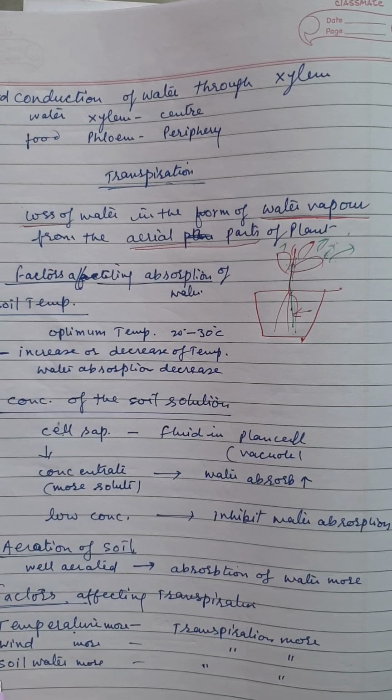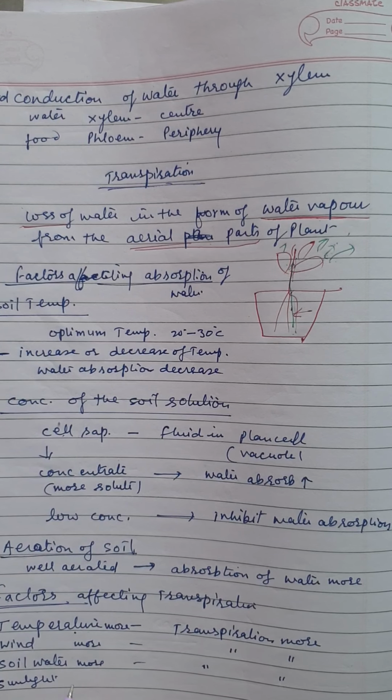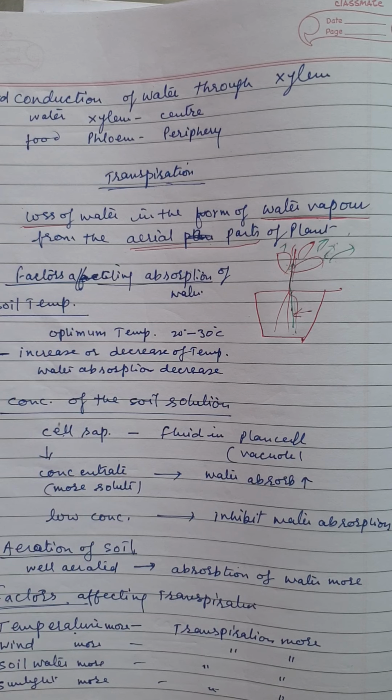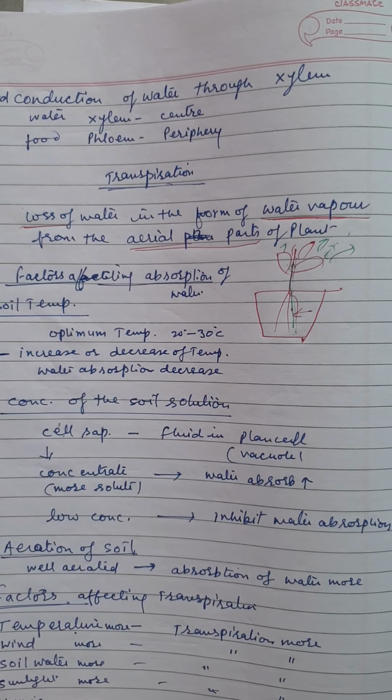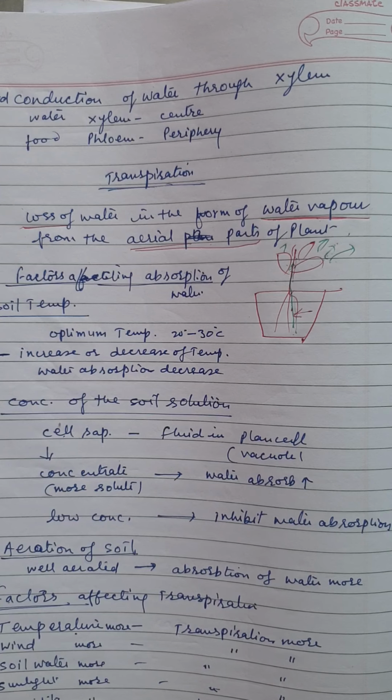Next, the sunlight. When there is strong sunlight in the daytime, at noon, the transpiration also increases. But if the relative humidity is more, the transpiration is decreased.